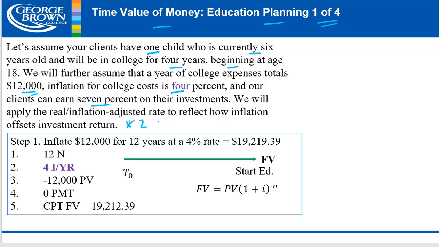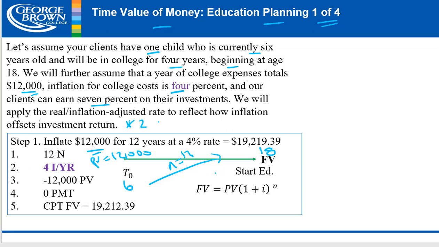Okay, so for now we're focusing on step number 1, and that task is to inflate the $12,000, what education costs today. Education costs $12,000, but the child is 6 years old today. They're going to go to school when they're 18 years old, so that's 12 years from now. So N is going to equal 12. Present value equals 12,000.